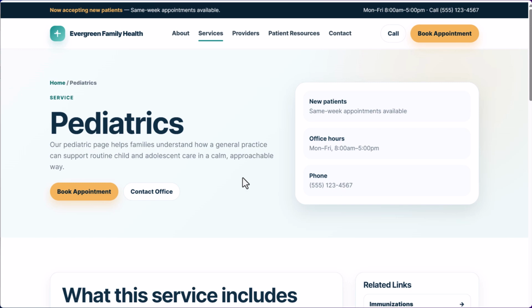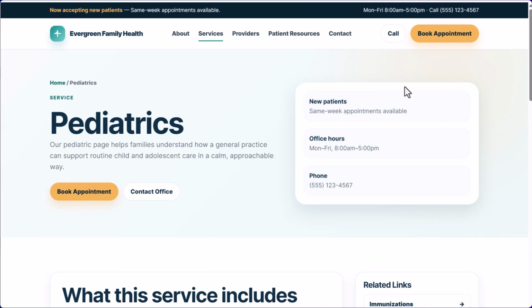So you really want to make sure that all the services you provide are there very clearly. Even if it's something like, yes, we do blood work, put that on the services page. When people are looking up, I need a family health provider, a pediatrician, a physician, a doctor, a primary care doctor, a preventative care doctor, you want to have the pages so that people can easily say, okay, this is where we want to go.